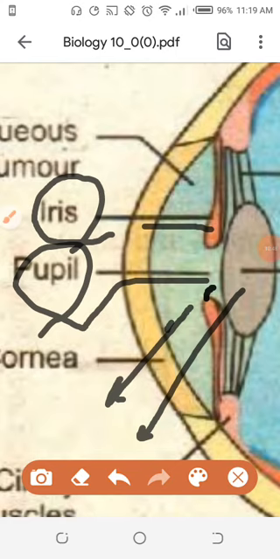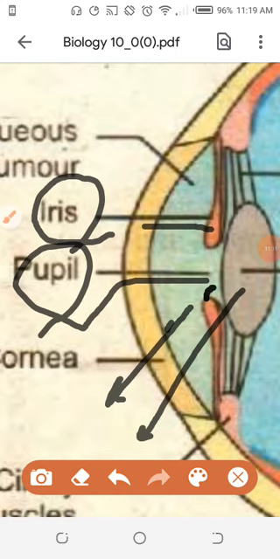That will not be available at the rod-shaped cells and cone-shaped cells, the sensitive part of the inner membrane. The optic nerve transfers the image message from the eye to the brain, and the brain will interpret the message only when the optic nerve receives the message from the rod-shaped cells and cone-shaped cells, meaning the retina, the sensitive layer of the eye.